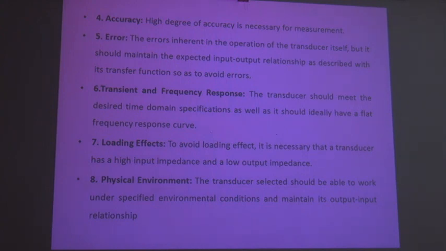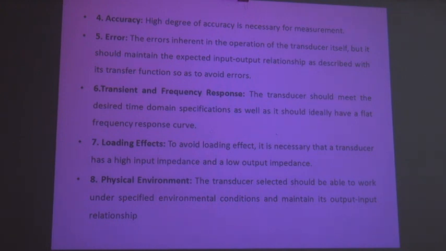Then fifth, the factor affecting the selection of the transducer is the error. The error is inherent in the operation of the transducer itself, but the expected input and output relationship should be maintained, described by its transfer function. So errors should be avoided as much as possible. Why should we avoid the errors?